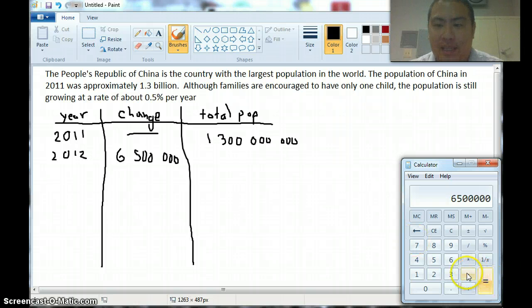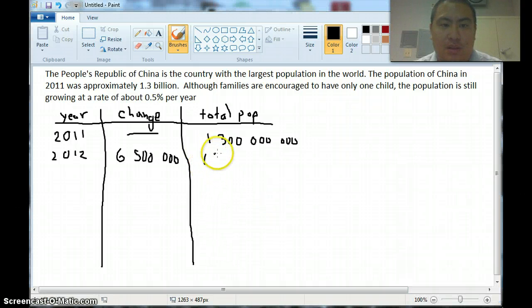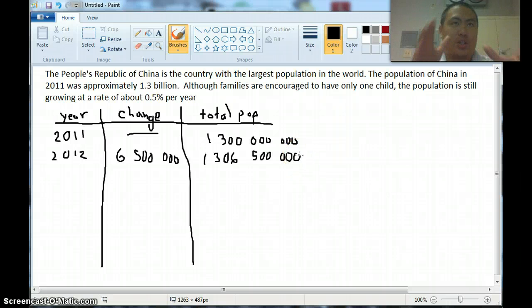So we're going to add that with the total population, 1,300,000,000, and that should give me 1,306,500,000. Okay, so I found my first year of change.